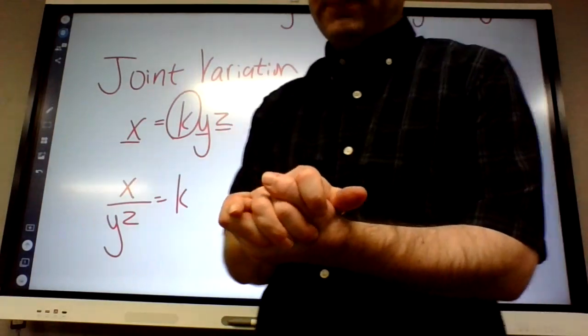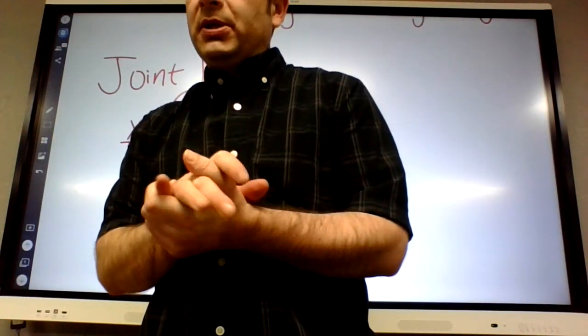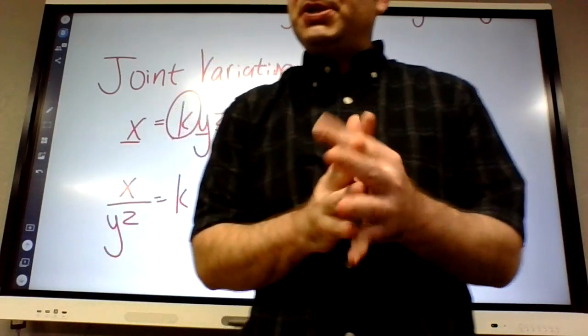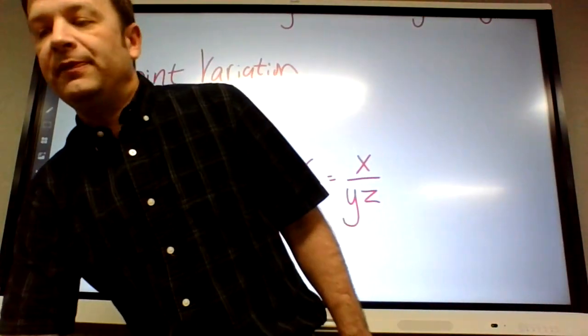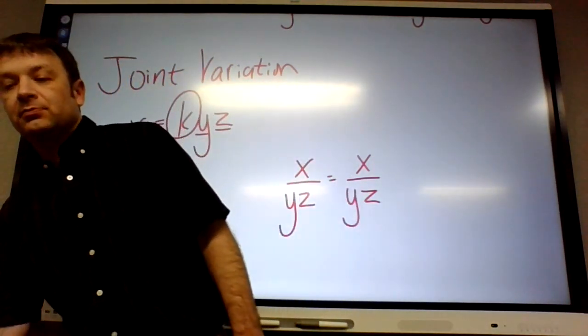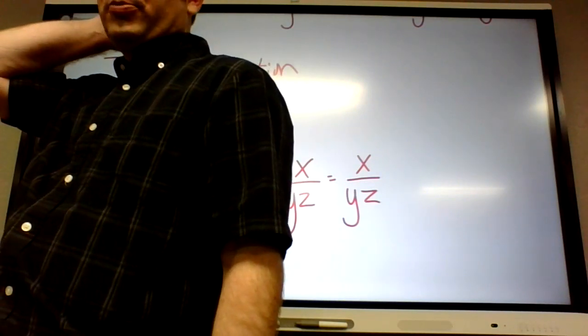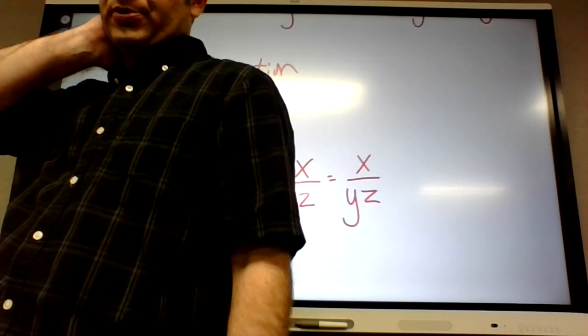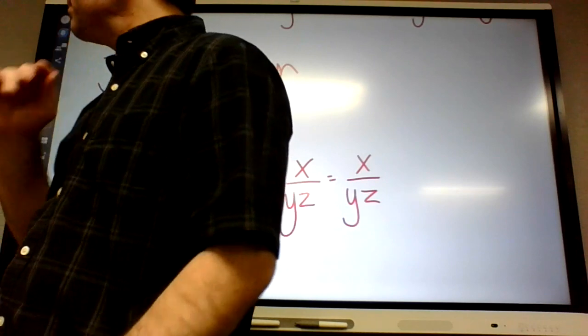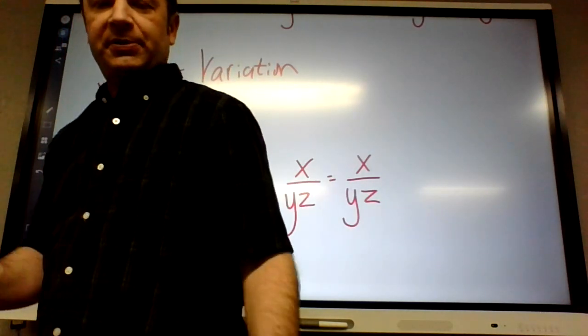Okay, jumping in. Number 1 says classify each equation as a direct, inverse, or joint variation. Then state the constant of variation. So does number 1 look more like direct, inverse, or joint? It's direct.